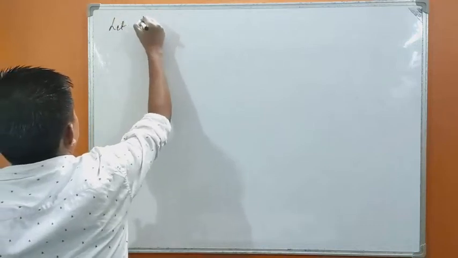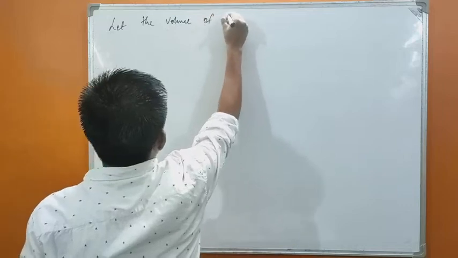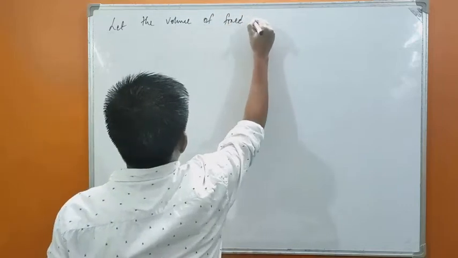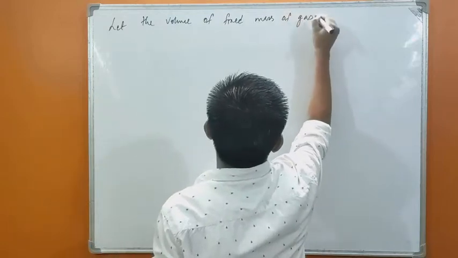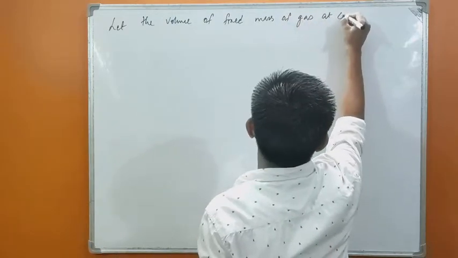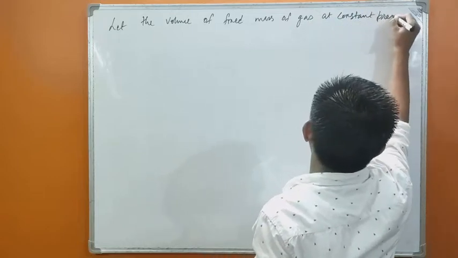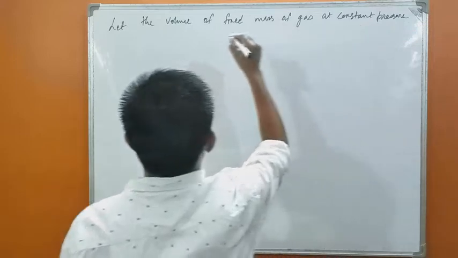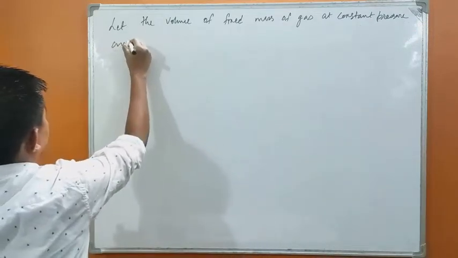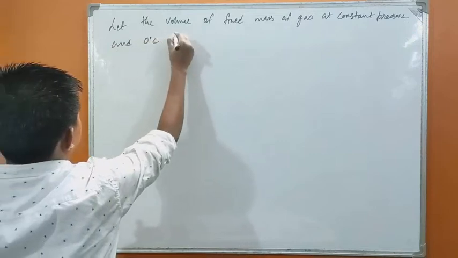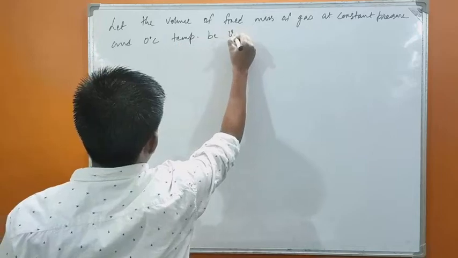Let the volume of fixed mass of gas at constant pressure and 0 degrees Celsius temperature be V naught, okay?